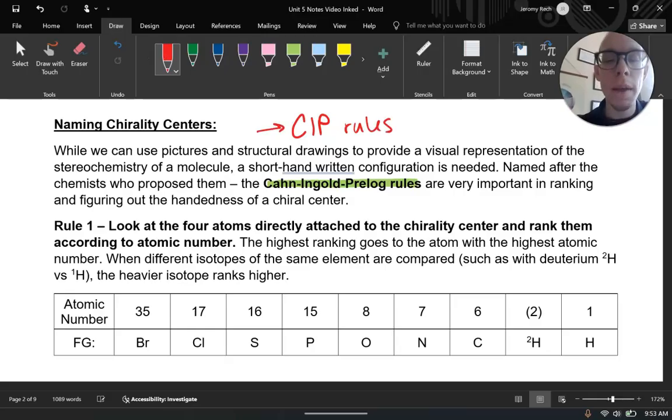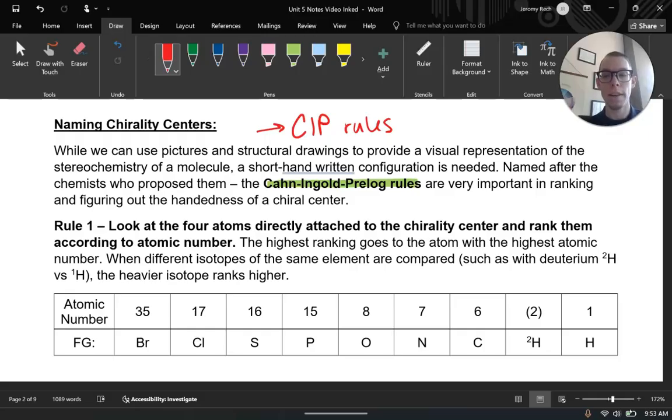CIP is a process in which we look at a molecule and rank all of the different groups attached to it, and then use that to eventually get to the R or S, the plus or minus, the D or L. So our focus today is just understanding our CIP rules.